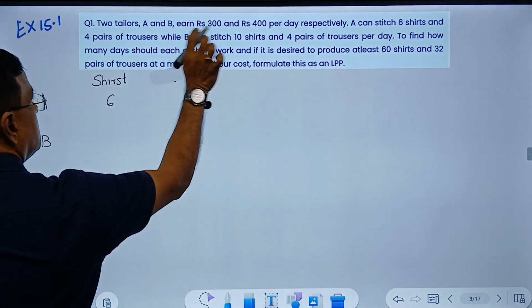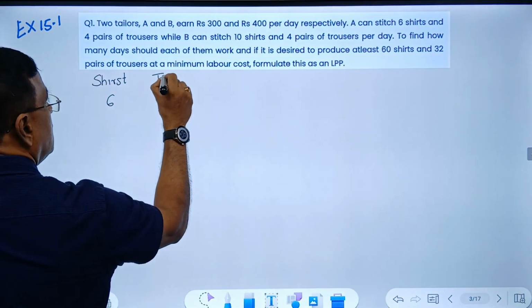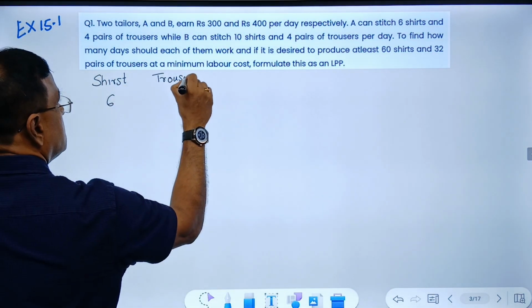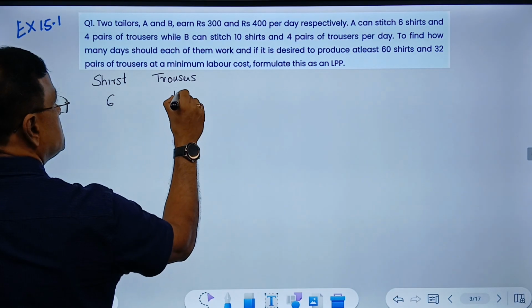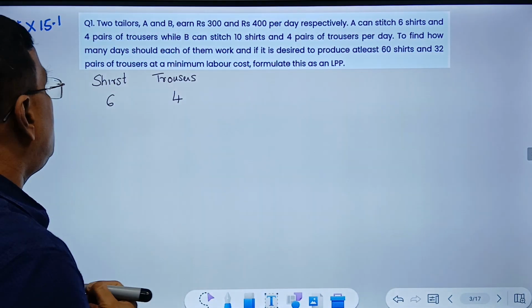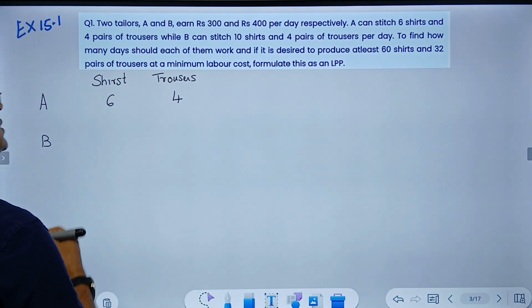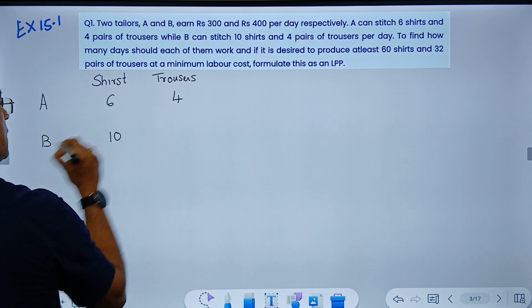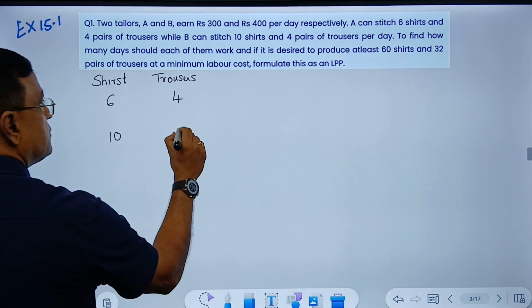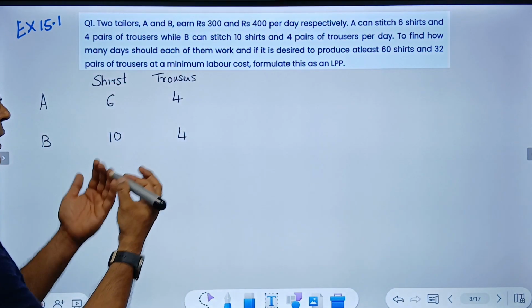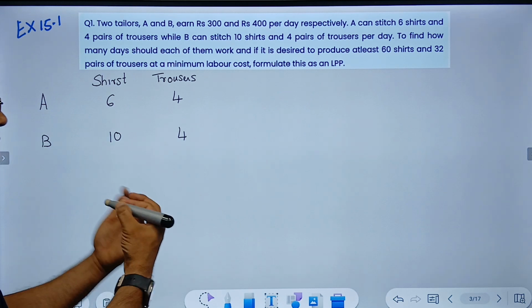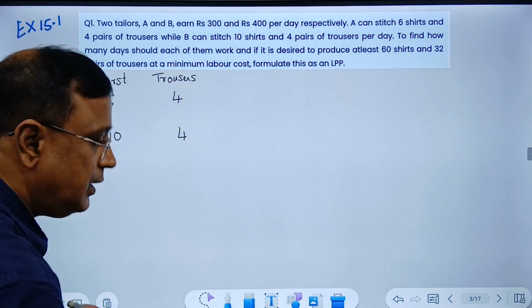And B can stitch 10 shirts and 4 pairs of trousers. So first, whatever data is there, first you take the data. That's very, very important.